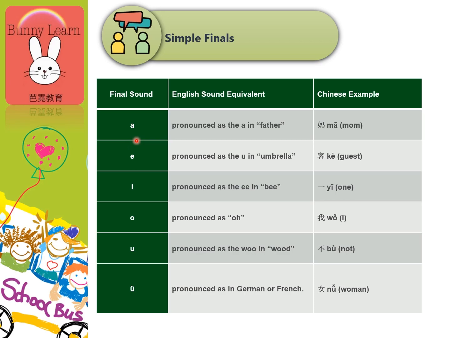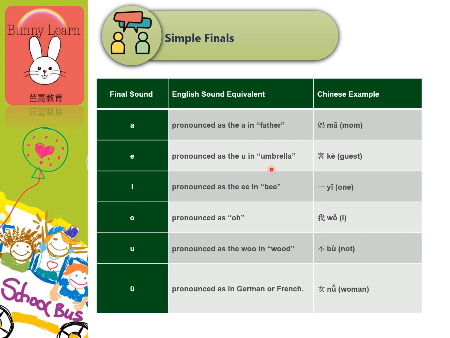A. This sound is pronounced as the A in father. A Chinese example is ma. E. This is pronounced as the U in umbrella.